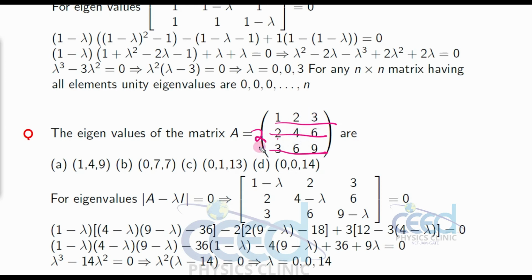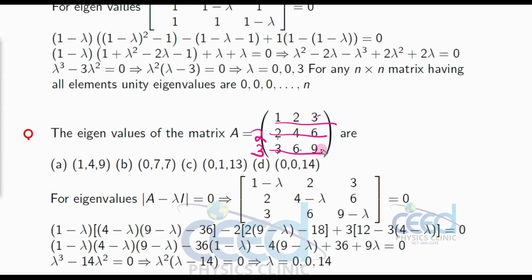And the third row, you multiply the first row by 3: 1 into 3 is 3, 2 into 3 is 6, 3 into 3 is 9. So if two rows are constant multiples of another row, then you can easily find out the eigenvalues of the matrix.